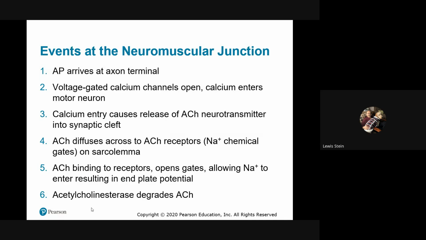We either make things more likely to fire or less likely to fire. We impact enzymes that break them down. We impact reuptake. It's really, really important going forward.